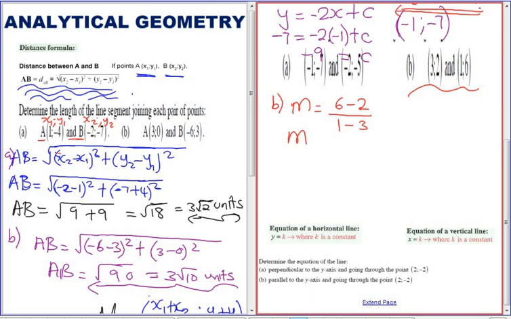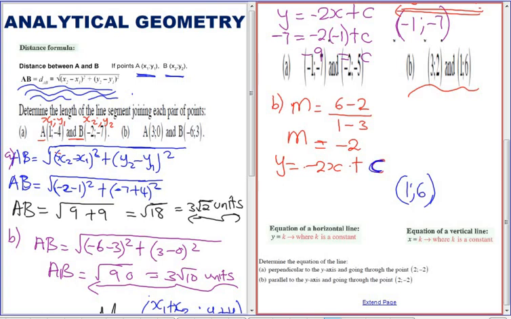All right. So after getting the gradient of that, it does look like we are working with a gradient that is equal to -2 only this time around. I didn't do that on purpose. It just so happened that the gradient is -2 on both equations. Okay, so good. So we are going to substitute one coordinate to get c now.